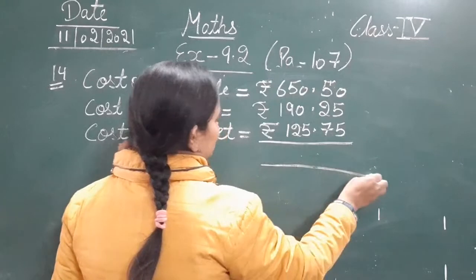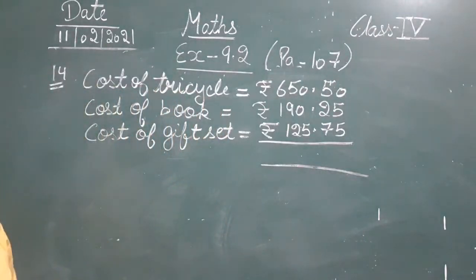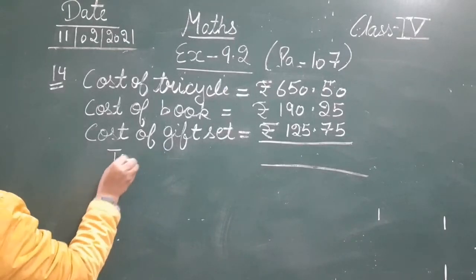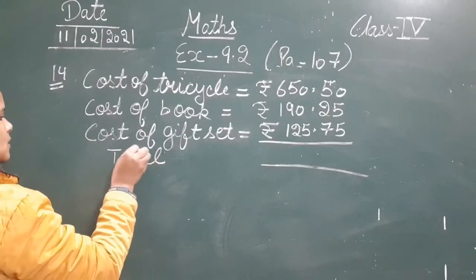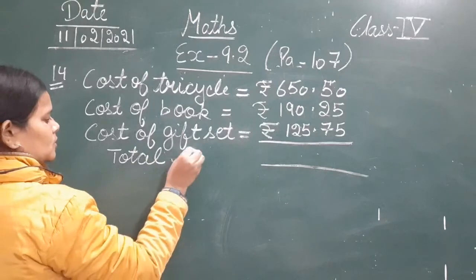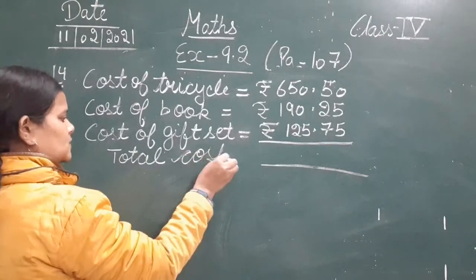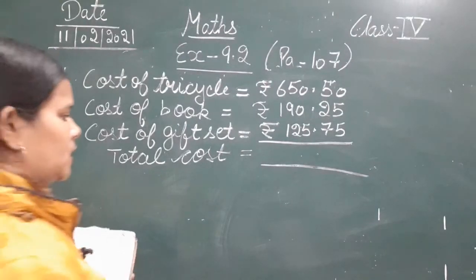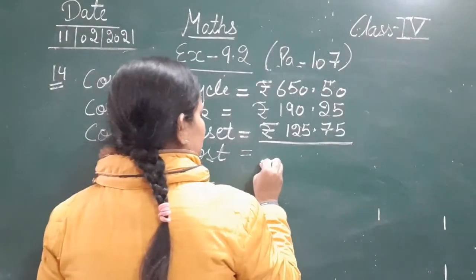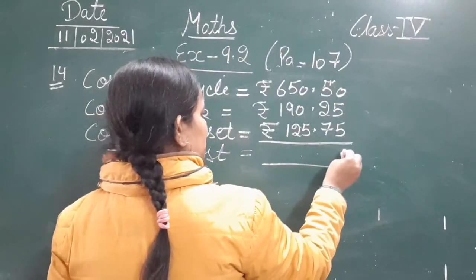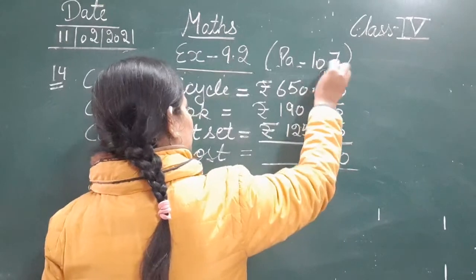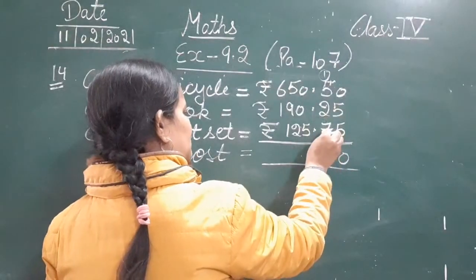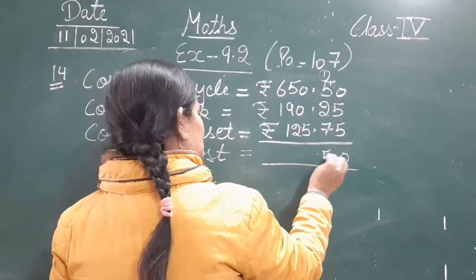Now let's calculate the total cost of all the items. Let's write total cost. This is what we will calculate first. 5 plus 5 is 10, 1 will be carried here. 5 plus 2 is 7, 7 plus 7 is 14, plus 1 is 15.